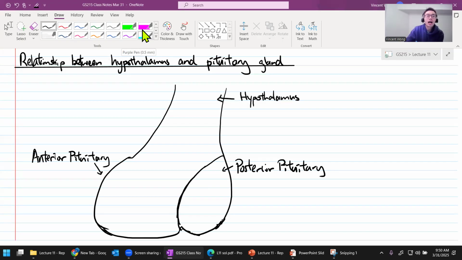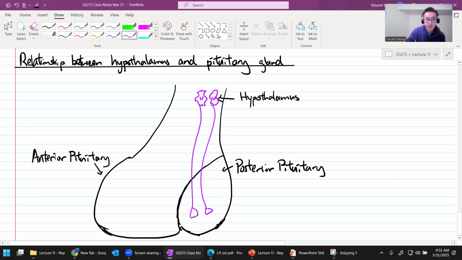Now, there are two kinds of neurons in the hypothalamus. Some neurons have the body in the hypothalamus, but their axon extends all the way into the posterior pituitary gland.